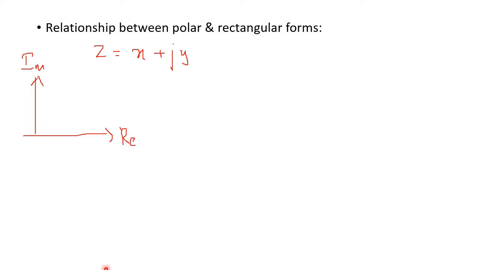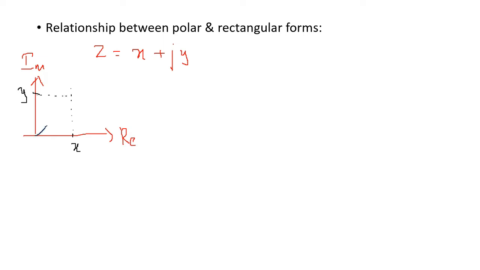Now we have to find out the coordinate. From the x-axis we have to mark the point x, and from the imaginary axis we have to mark the value y.